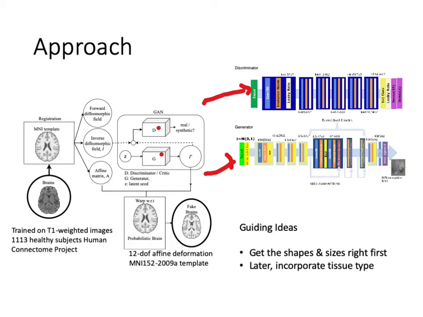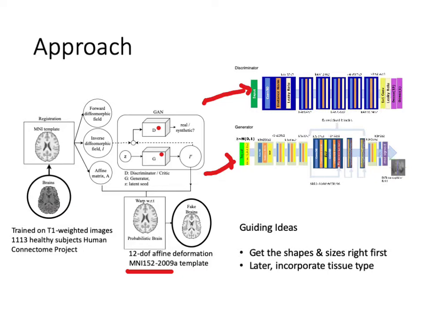And instead of training our deep neural networks on the raw images, we warp, we deform individual images to an MNI 152 template and train on the deformation in X, Y, and Z instead.